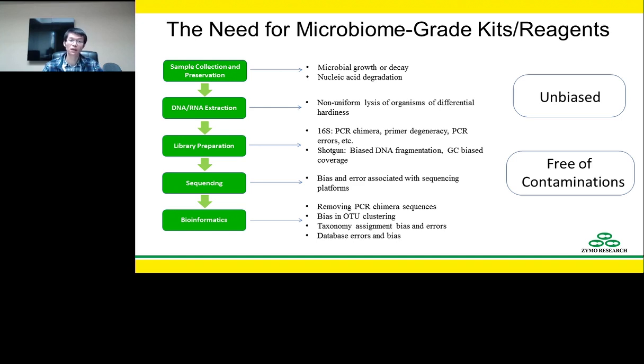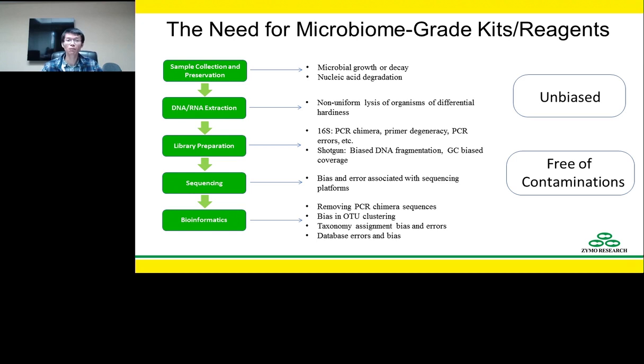This is because microbiomic workflows are complicated, and at each step, bias or artifacts can easily be introduced and cause inaccurate microbiome measurements. This slide shows different factors that can easily be introduced into a workflow. Microbiome measurement is required to be both quantitative and sensitive.